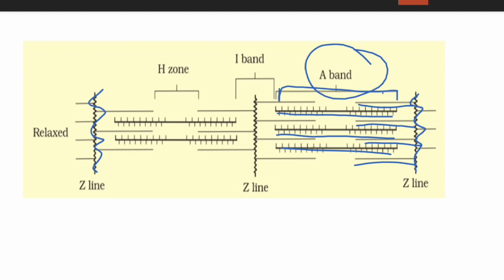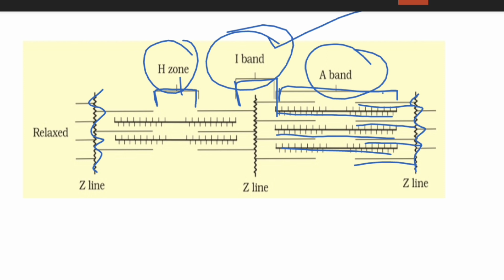The portion which consists of only thin filament is known as the I band. See, here there is no overlapping, so only thin filament is present, which is called the I band. And the portion which consists of only thick filament is known as the H zone.